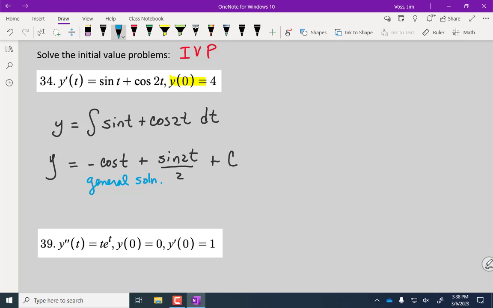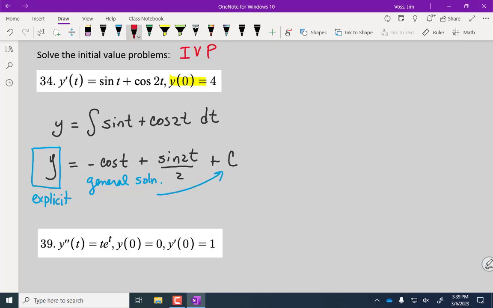There's another word that's not going to really matter here, but this is also considered an explicit solution because we were able to solve for y. So if you can solve for your dependent variable, we'll call that explicit in contrast to implicit, which we'll look at the difference soon. And it's general because of that plus c right there.